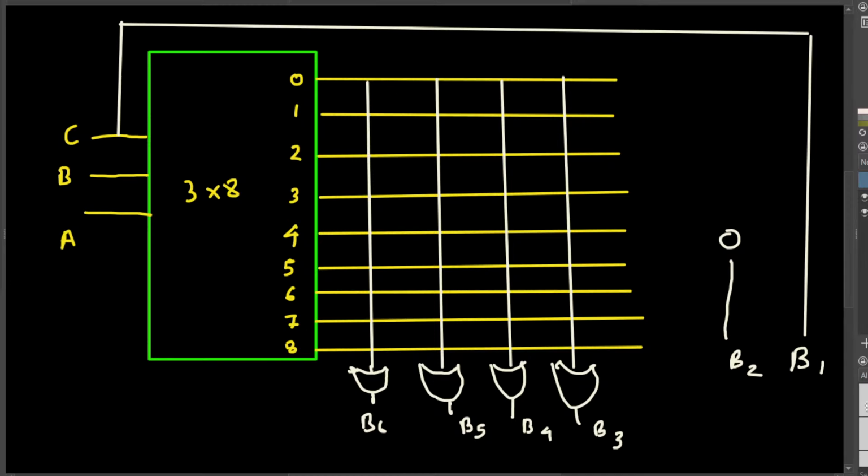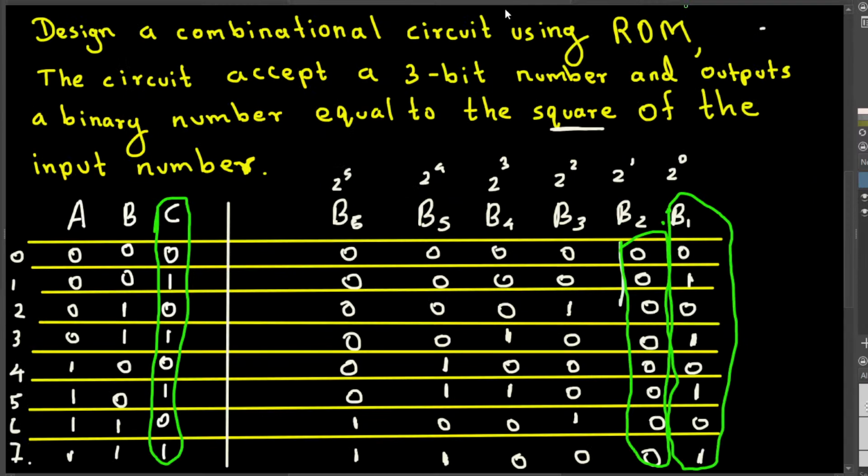Okay, now let's look at the output. B3 is turned on when it's 2 and 5. Actually, B3 is turned on at 2 and 6. Let me double check.